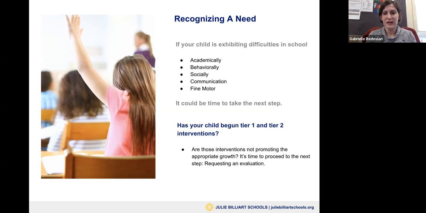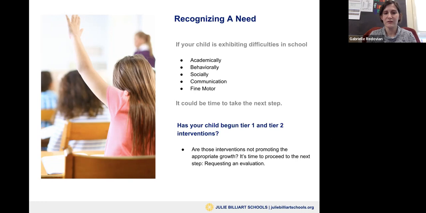So if you're seeing an area of weakness for your child or multiple areas of weakness, it's time to take those next steps. And you have to ask the school, have they begun those tier 1 and tier 2 interventions? Now, those tier 1 interventions are for the whole general ed classroom. So whether it's just repeating those directions or giving those verbal visual prompts in the classroom that all students receive.